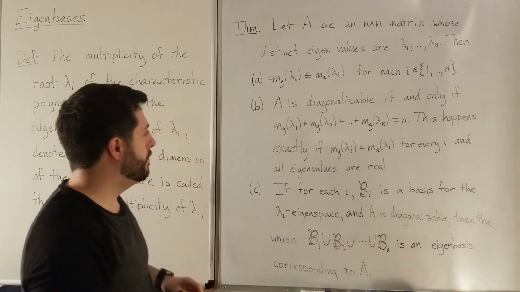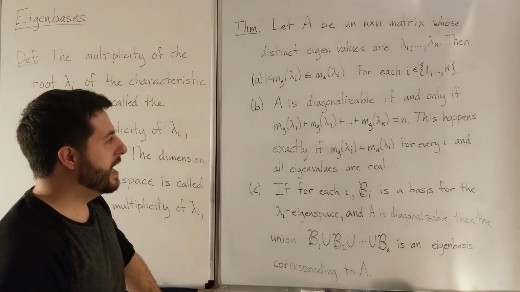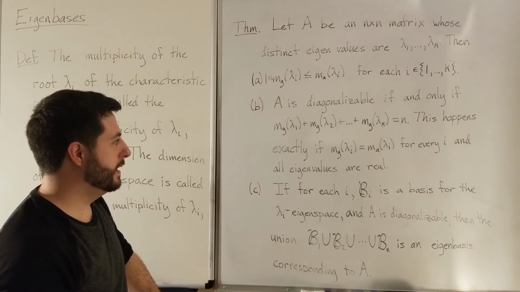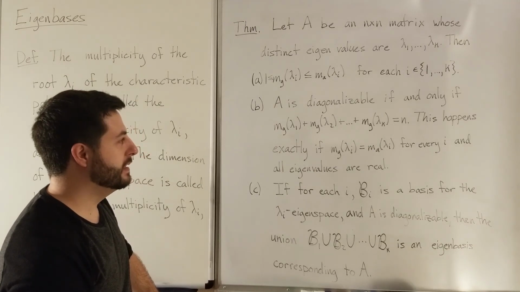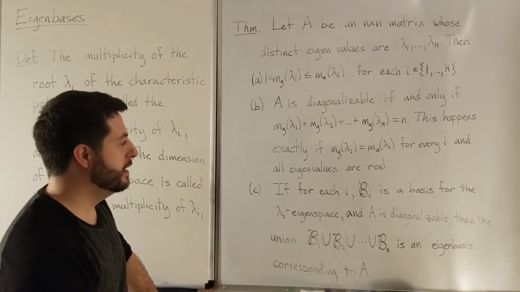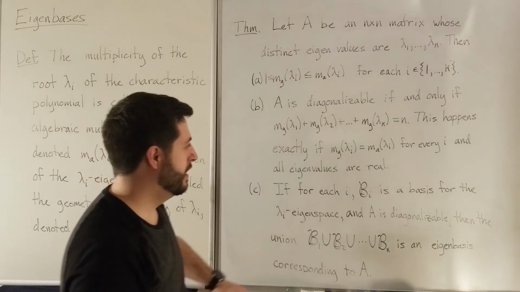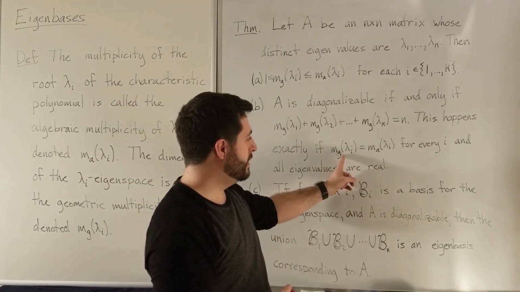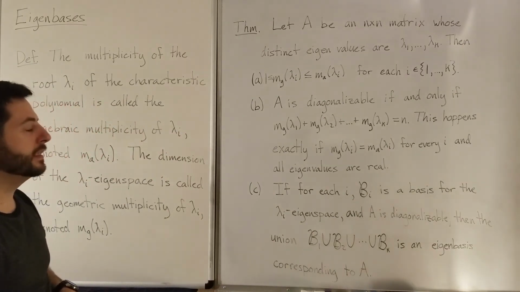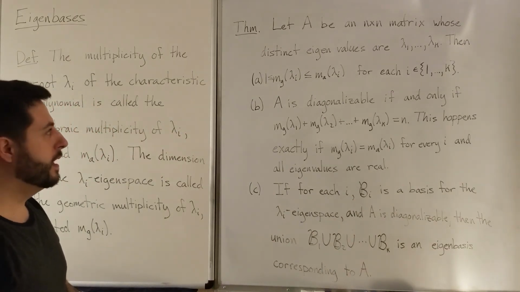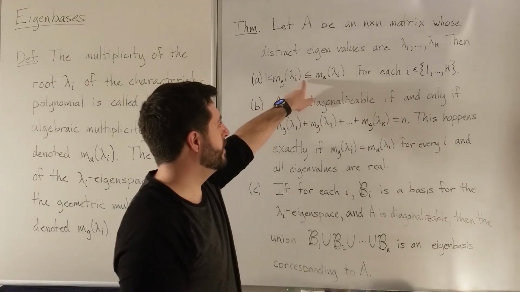The second item, part B, says A is diagonalizable if and only if I add up all of these geometric multiplicities and I get n. This happens exactly when all of the geometric multiplicities are equal to their corresponding algebraic multiplicities. Okay, so we have this less than or equal to here.